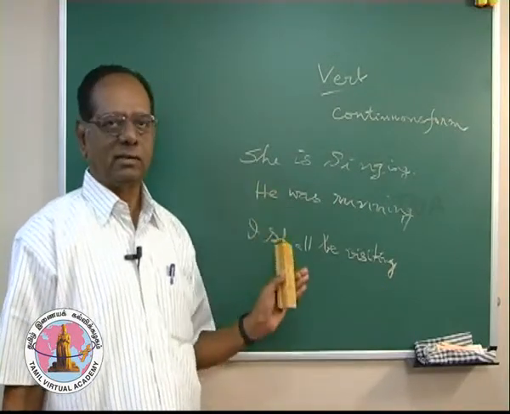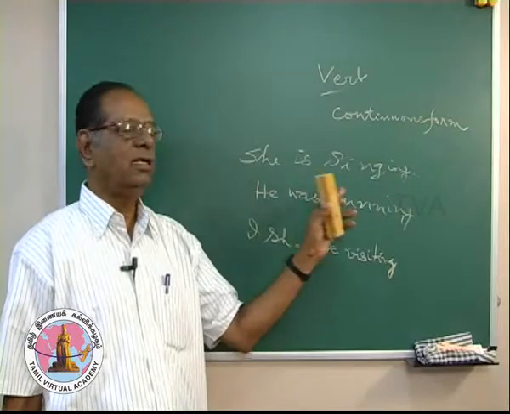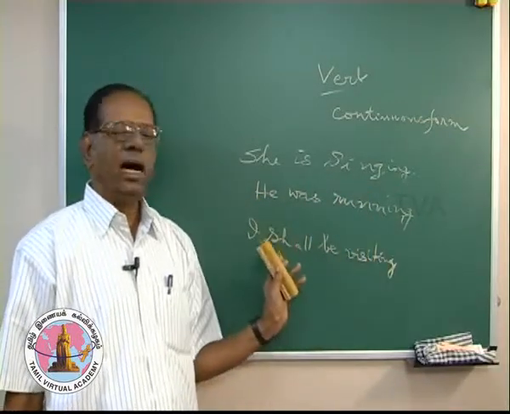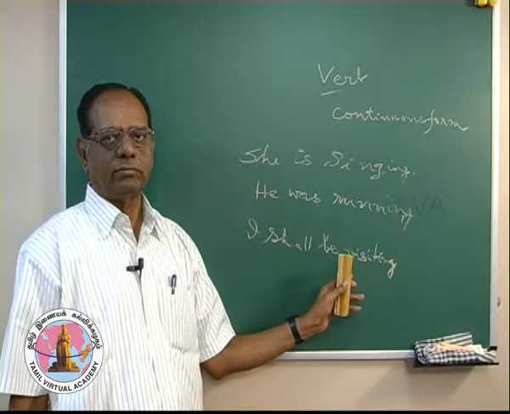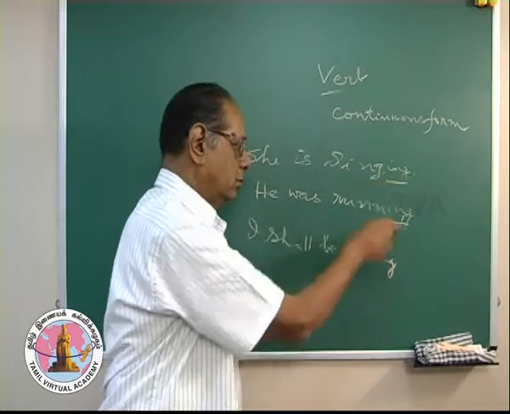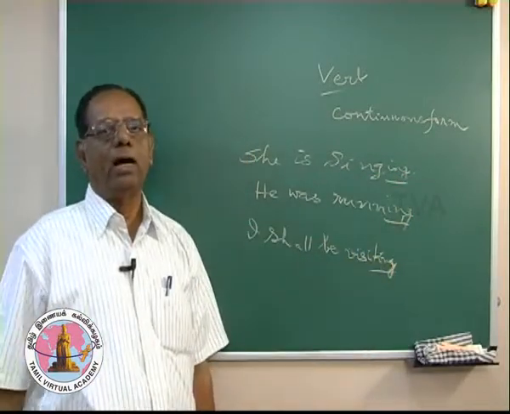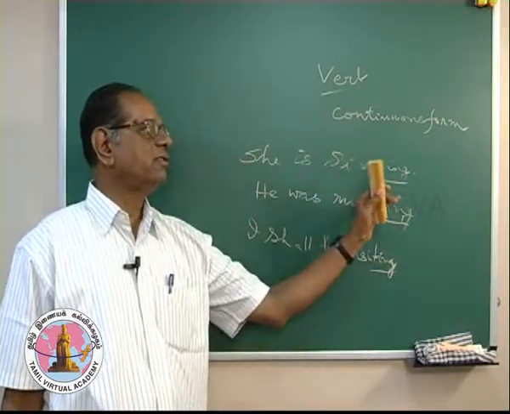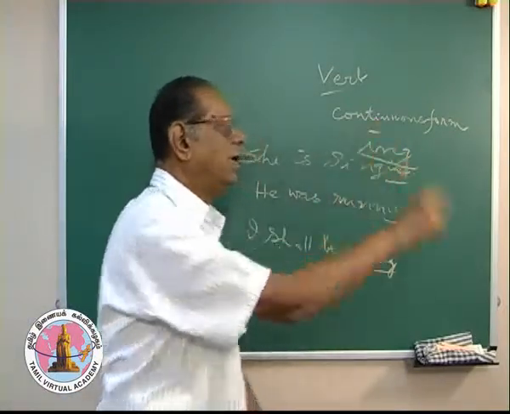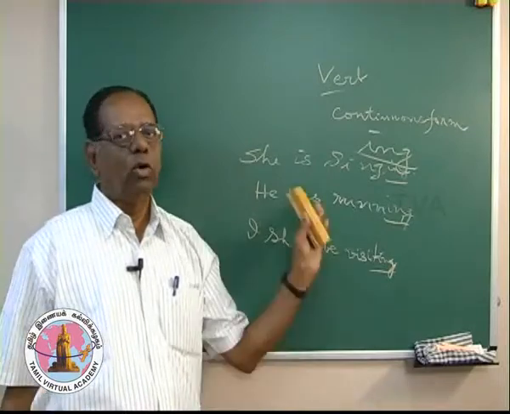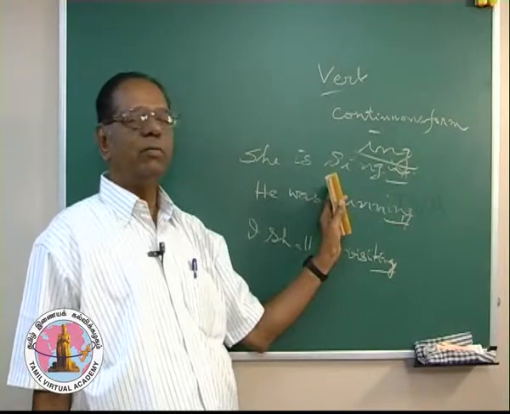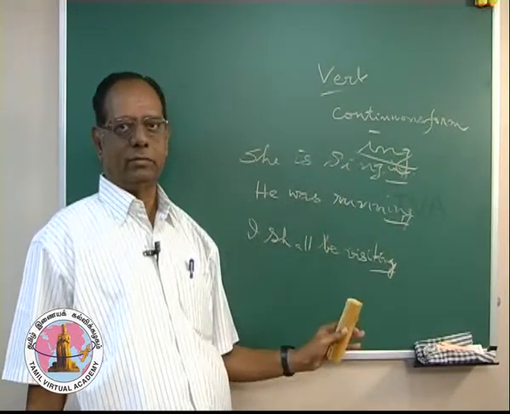There are three sentences. She is singing. He was running. I shall be visiting. All the verbs have this suffix ing to denote the continuous form of the verb concerned.